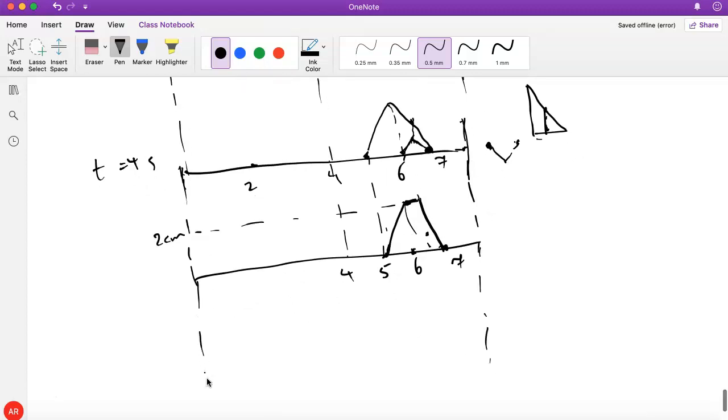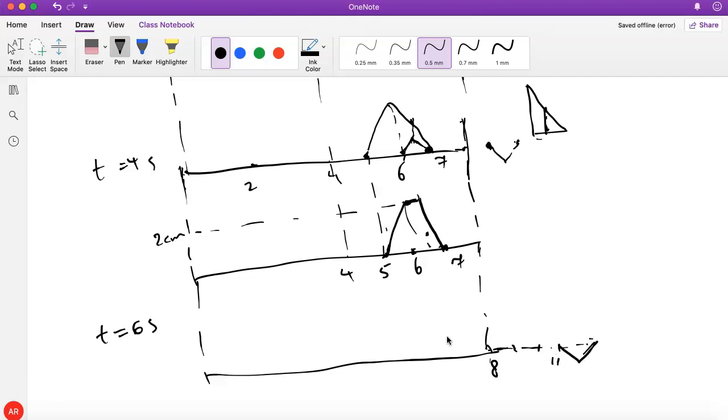So let's think about t equals 6. So now here, this one, if there was no wall, now it's between 9 and 10. So it should be now between 11 and 12.